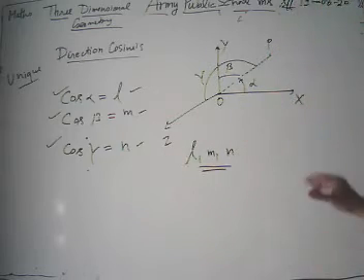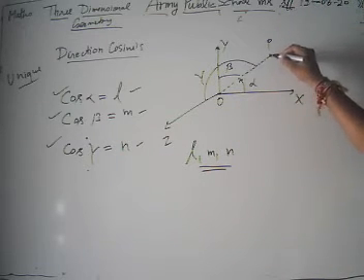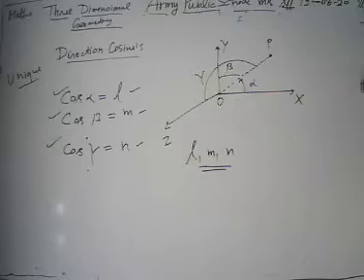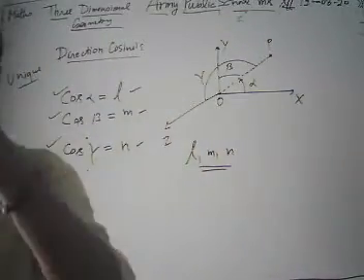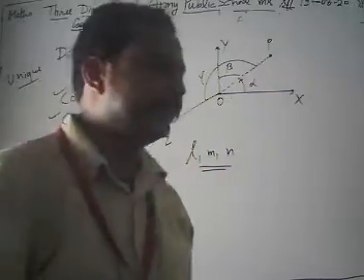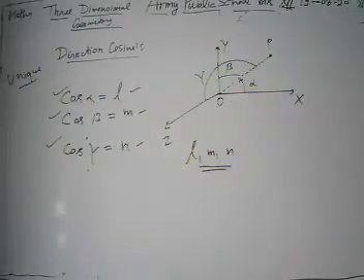So suppose we want to find the coordinates of P. Now that we have a concept of direction cosines, how can we represent the coordinates of P?